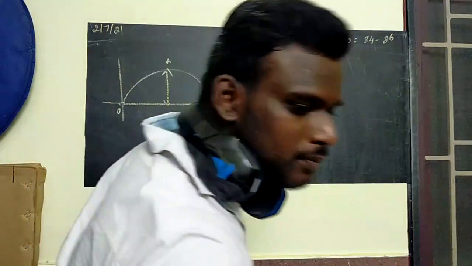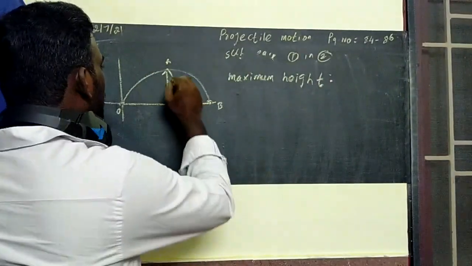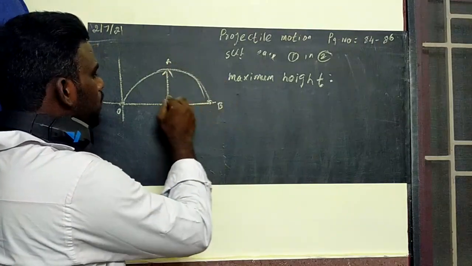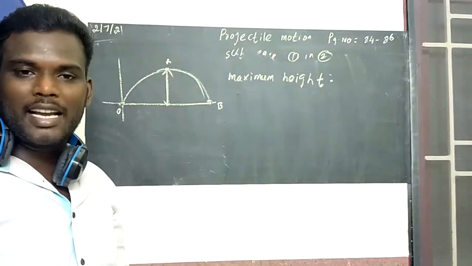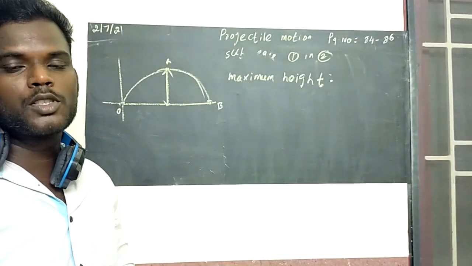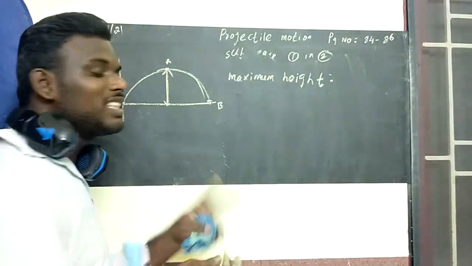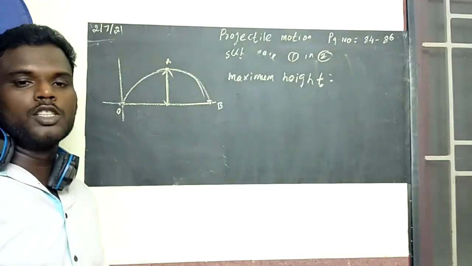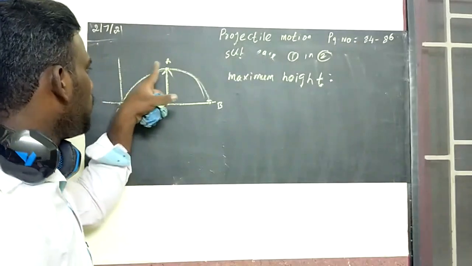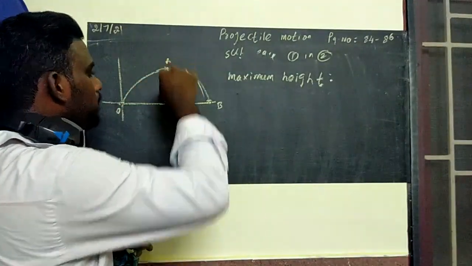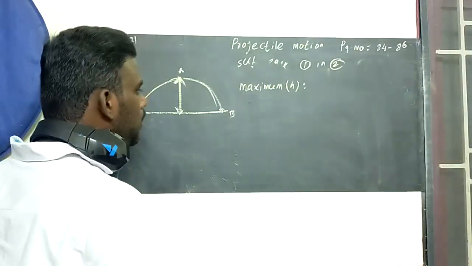So we know that when the body reaches the maximum height, the final velocity becomes 0. So by using the third equation of motion, it is possible to find the total height attained by the body, which means we want to know this length. Is that clear? What is the third equation of motion?